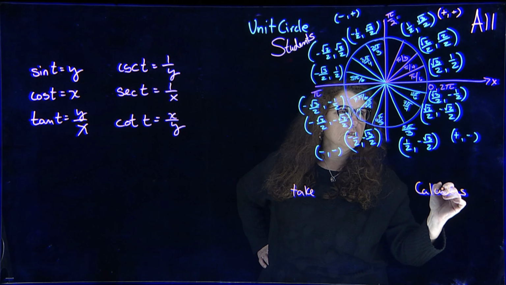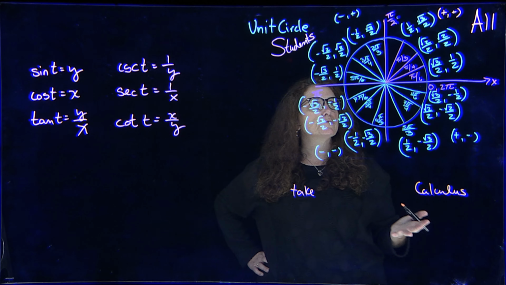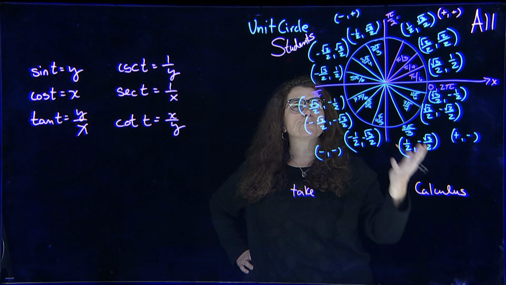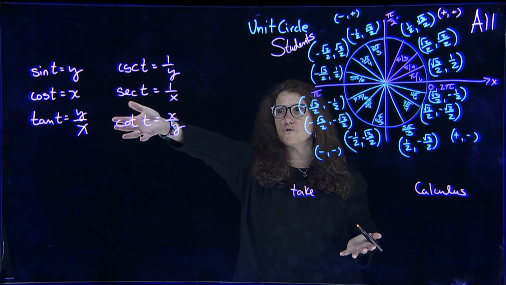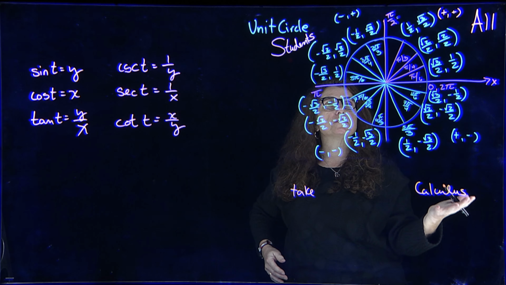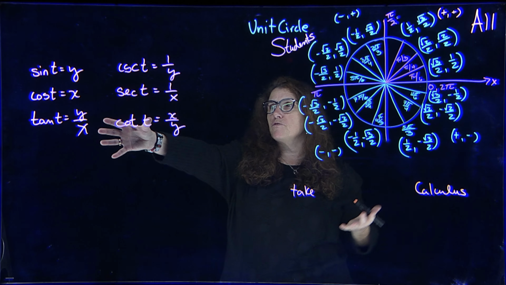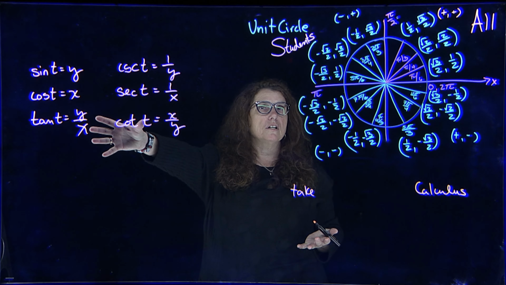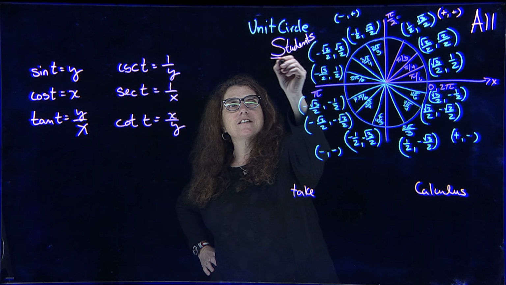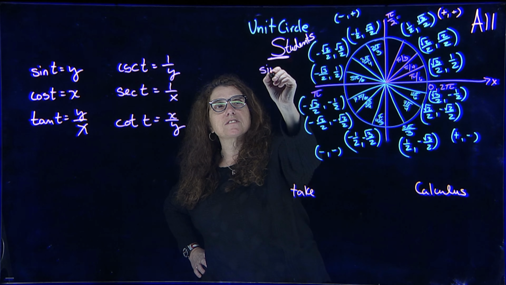So there's a little mnemonic that helps you to remember in which quadrant which trigonometric function from over here is either positive or negative. So all means all 6 trig functions that I've listed over here are positive. The S stands for sine.